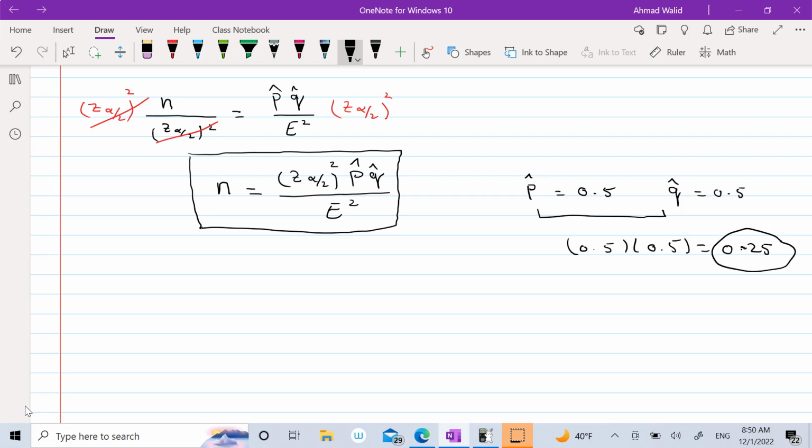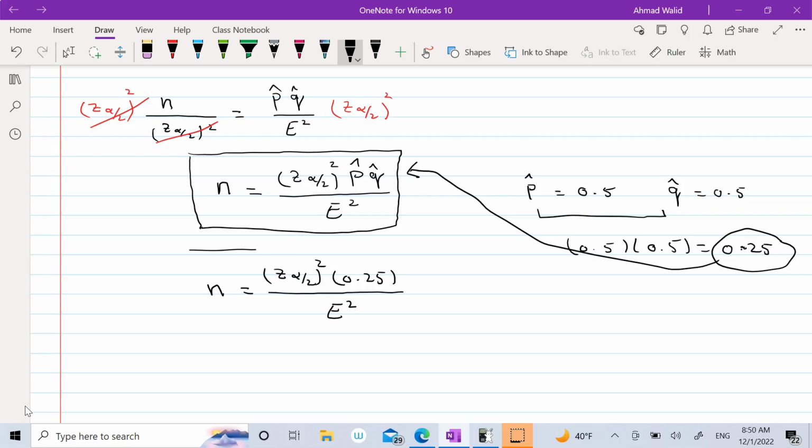If I bring this number into this formula, then I can create another one: N equals Z alpha over 2 all squared times 0.25 over E squared. Use this formula when P hat is not given to you.